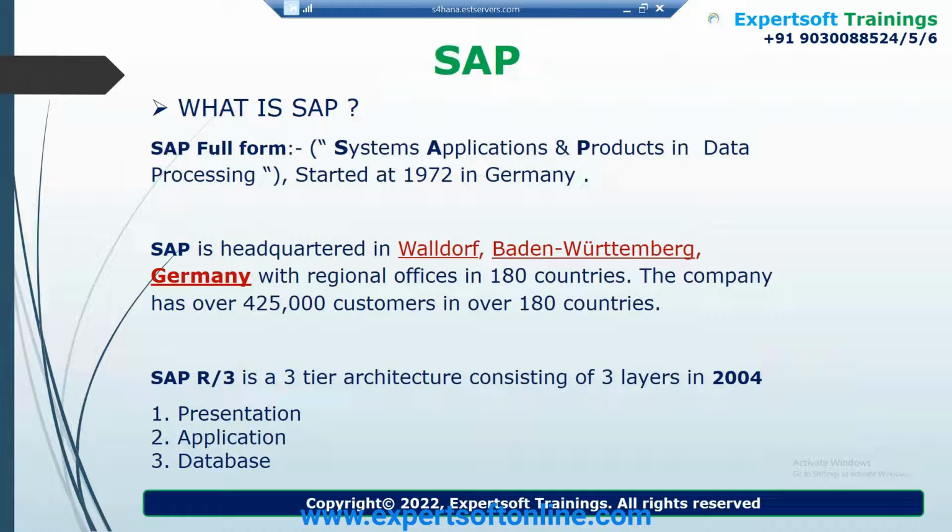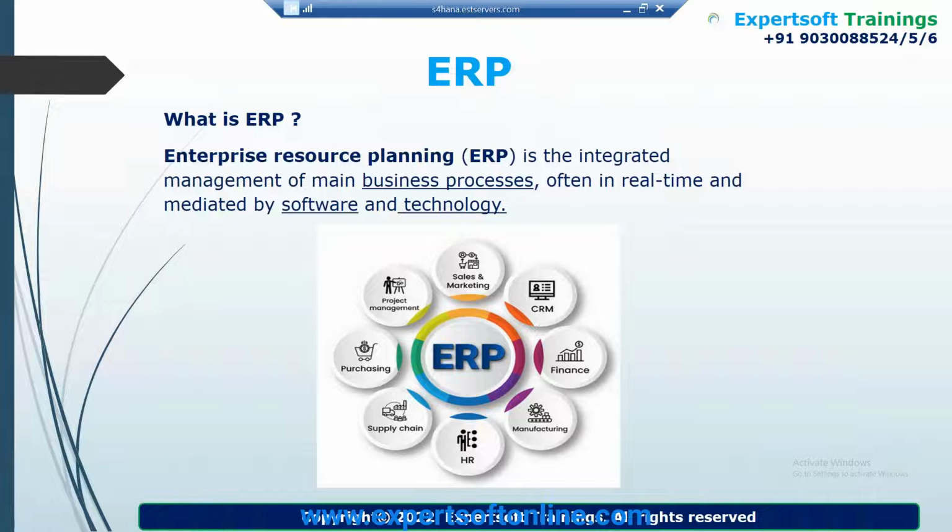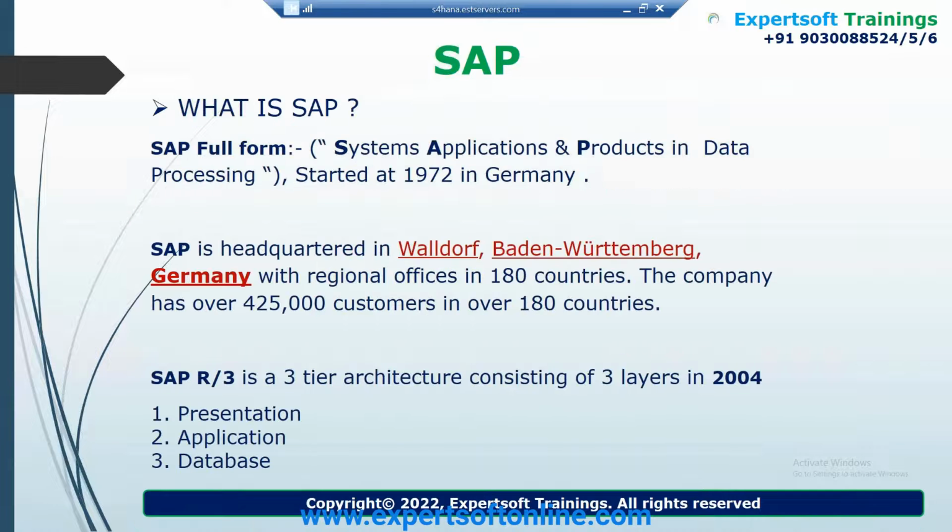But currently SAP has dominated the market and has the maximum number of customers, because of its tight integration with different modules: sales, finance, CRM. This is the reason SAP is the most preferred among all the ERPs.